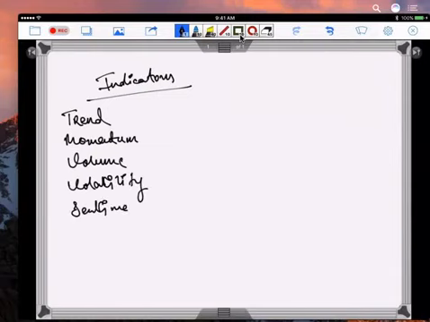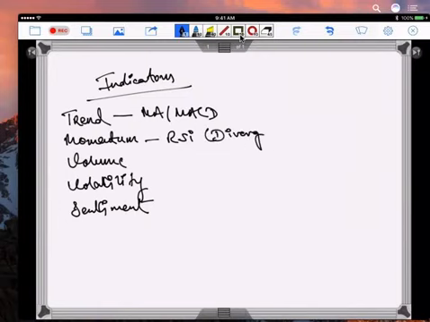There can be a few more, like a strength indicator, but if you understand these five, more than good enough. Under trend, we looked into moving average and MACD, moving average convergence divergence. Under momentum, we looked into the relative strength index, and there we did a very important concept called divergence, which is also applicable in MACD.